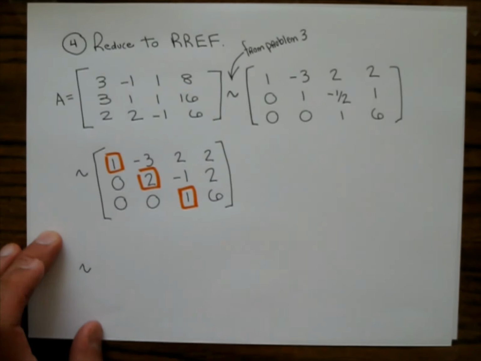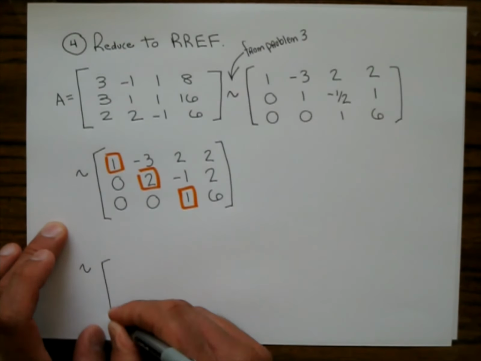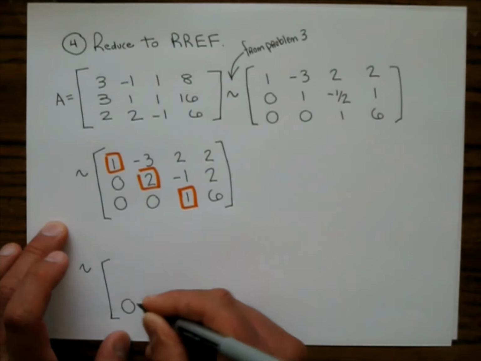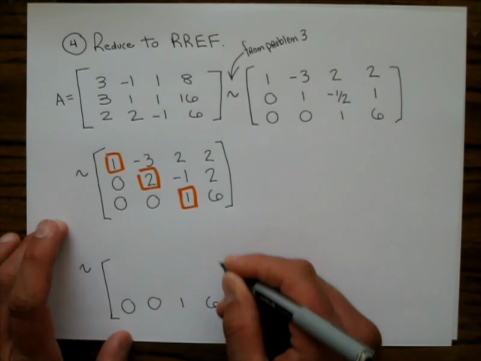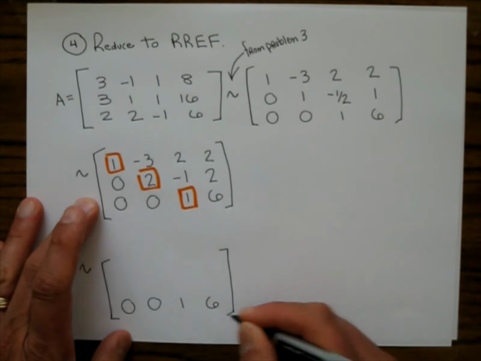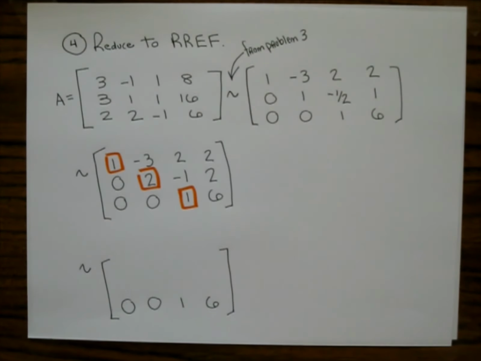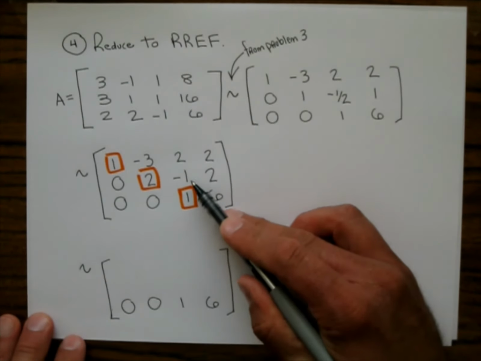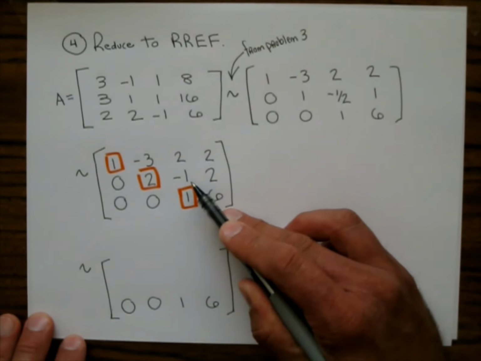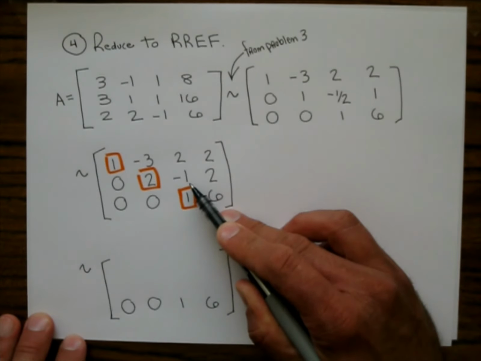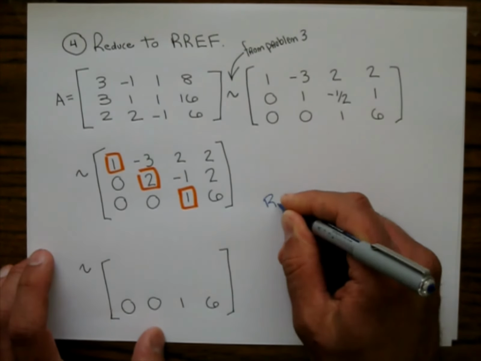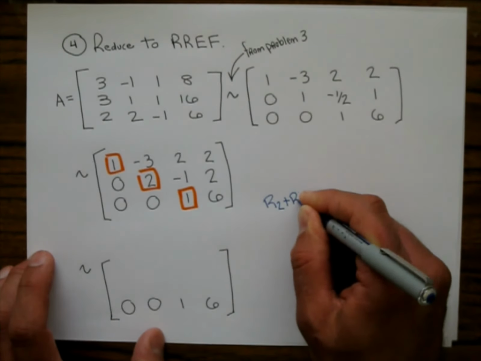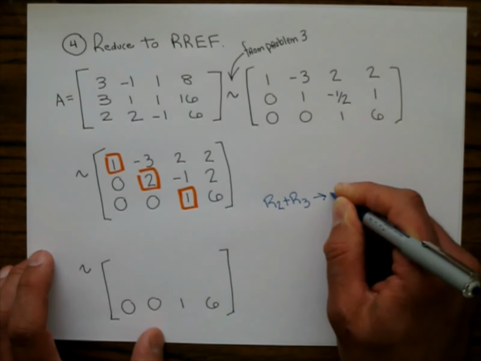We'll continue down here. The first thing I'm going to do is write row 3: 0, 0, 1, 6. And then I realize that those are opposites there, so I can automatically put a 0 there just by adding row 2 and row 3 together, and that becomes my new row 2.